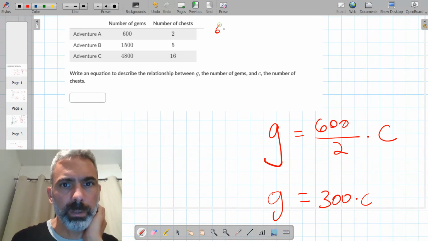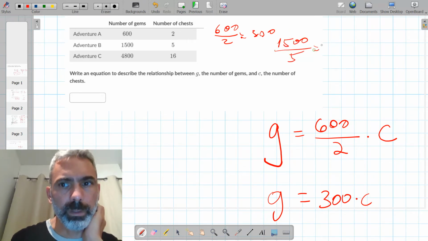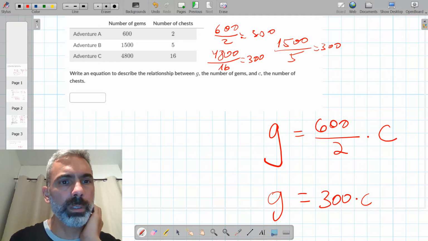It's 300 here, 600 divided by 2 is 300. 1500 divided by 5 is also 300, and 4800 divided by 16 is 300. 3 times 16 is 48, so 300 times 16 is 4800.